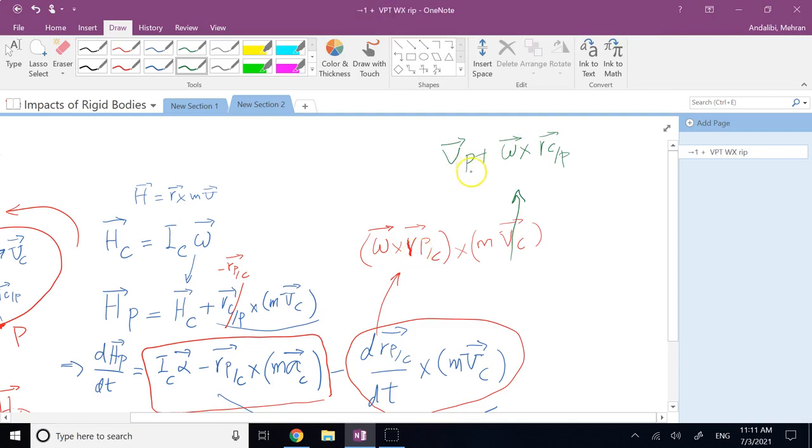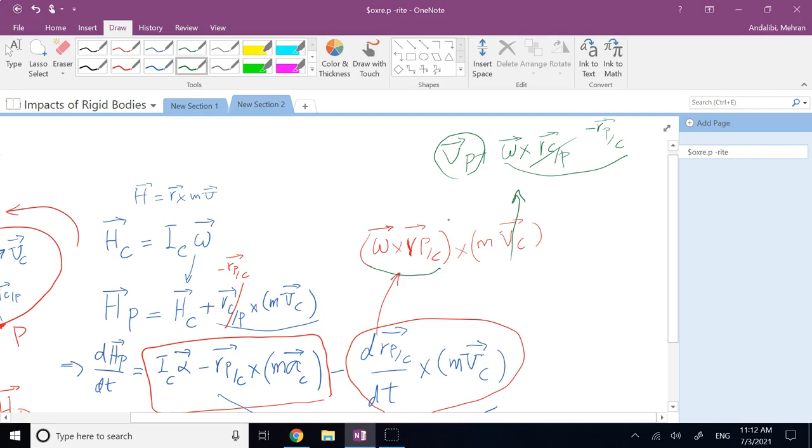Correct? That's the definition of velocity of the centroid. Now, if this V of P is somehow 0, then R of C with respect to P is the negative of R of P with respect to C. What I'm doing is cross-producting a vector and the negative of that vector, and the cross product of a vector and the negative of it is always 0, right?